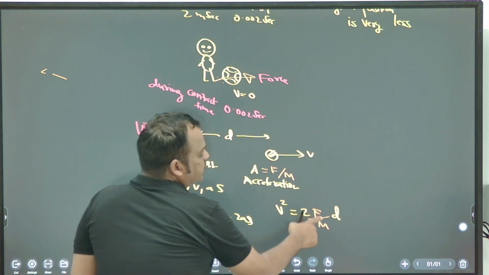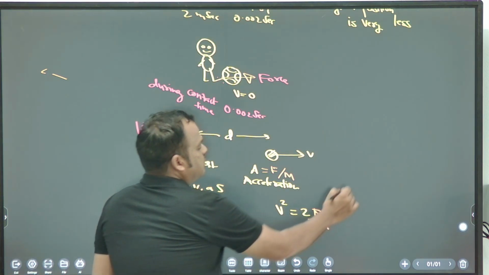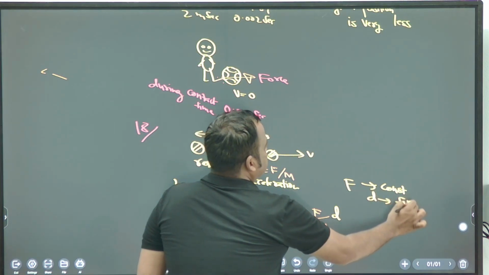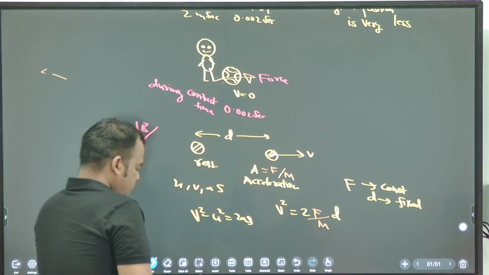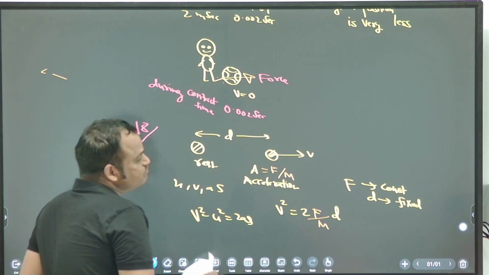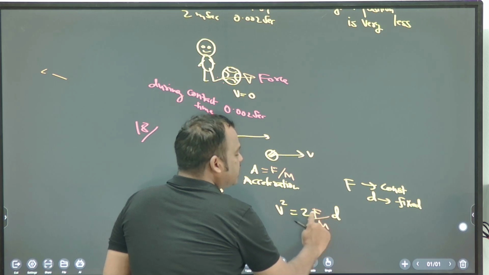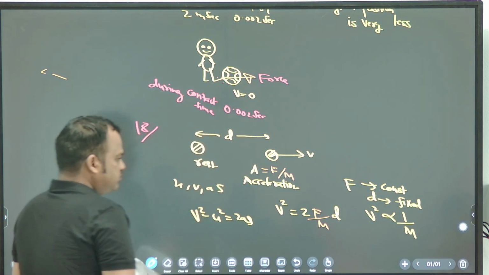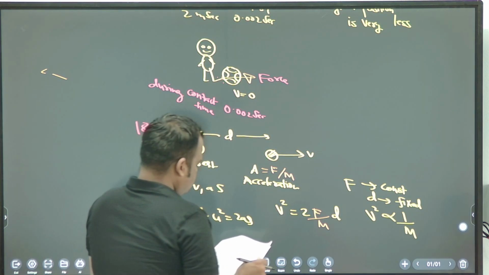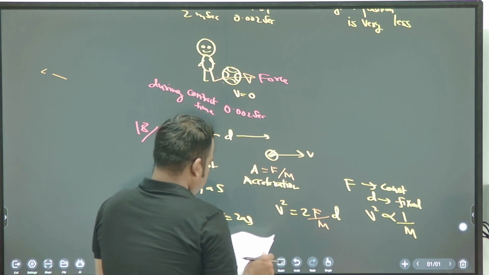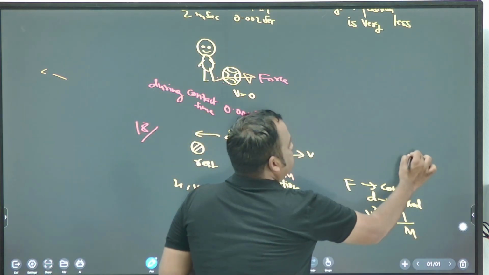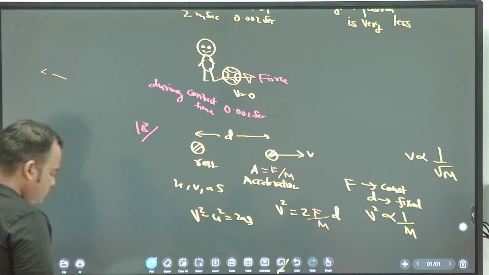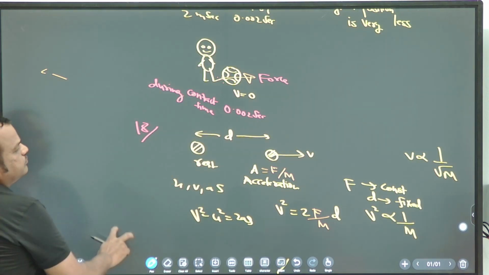Force is constant and d is also fixed. So F and d both are fixed, so v square is inversely proportional to mass. So v is proportional to 1 by root m. Clear?